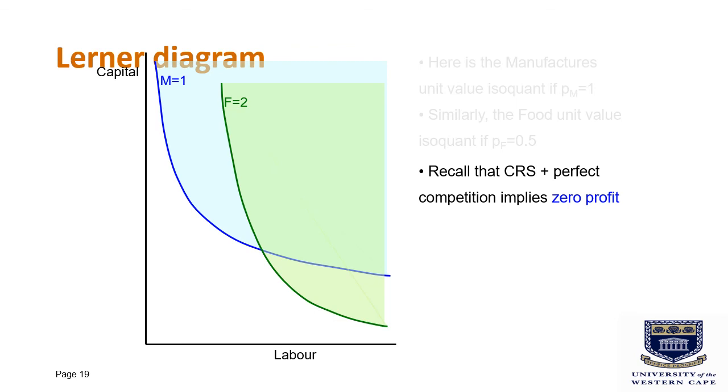We also need to recall that under constant returns to scale and under perfect competition, there's absolutely zero profit, right? We're at the place where price is equal to the per unit cost.